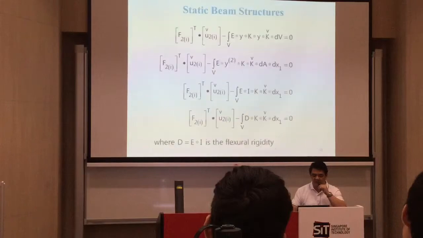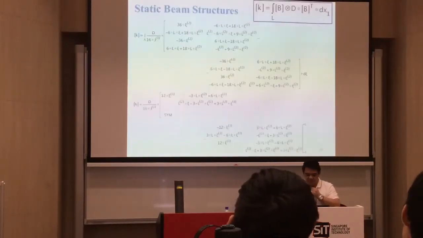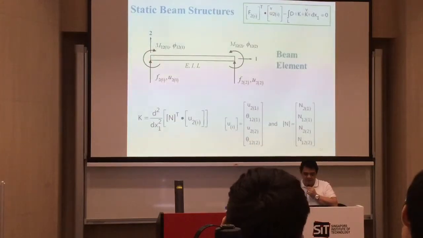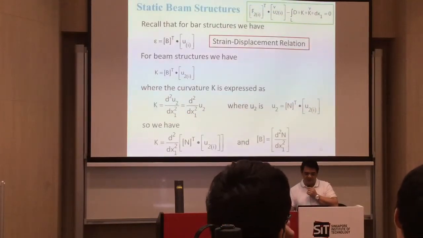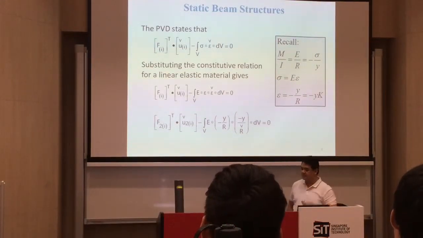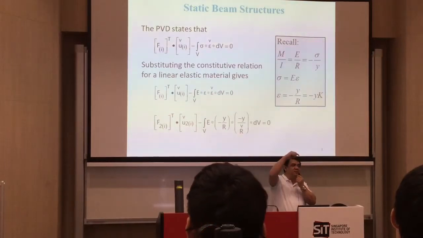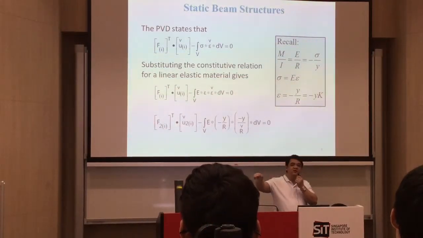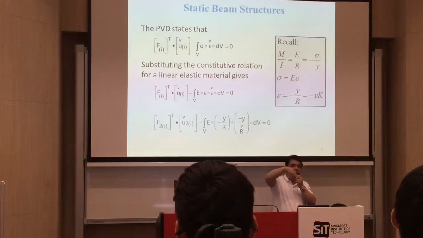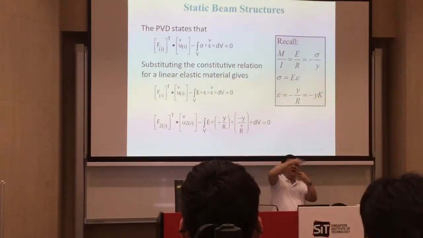Sorry, it's not here. Let me check. Oh, it's not here. So the curvature is the inverse of the radius. If you have your beam bending, there will be a radius of that bending.